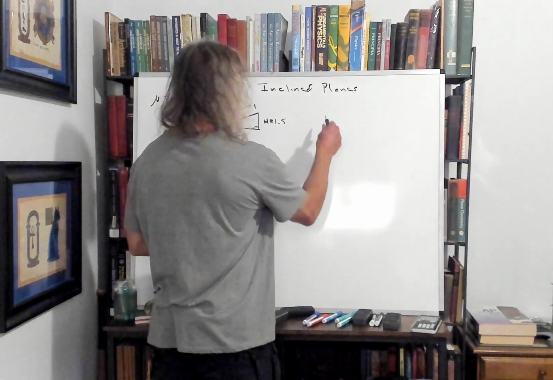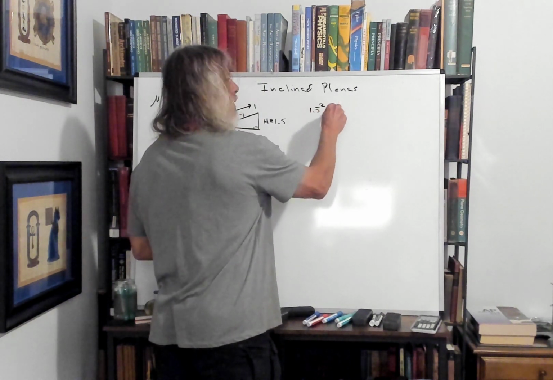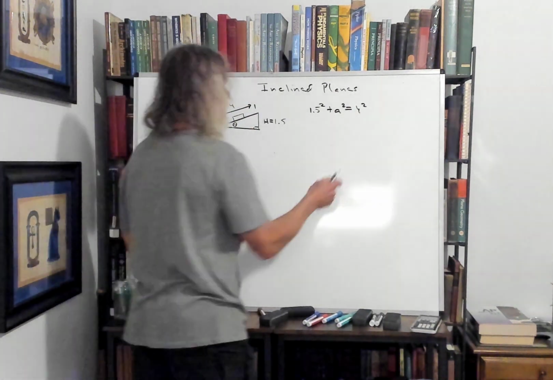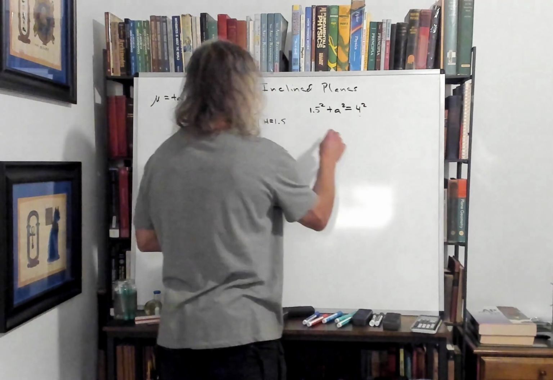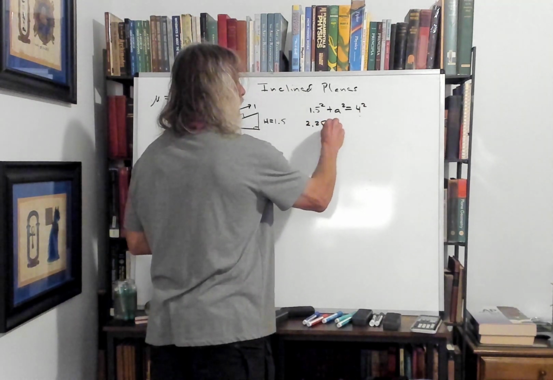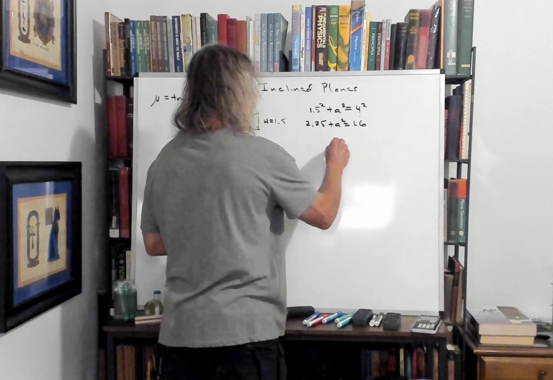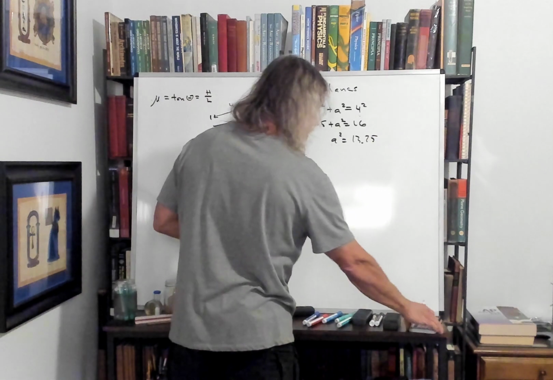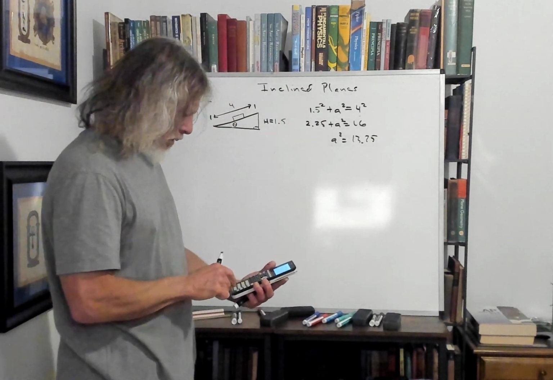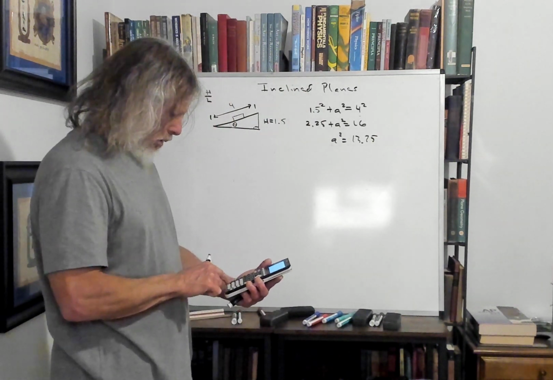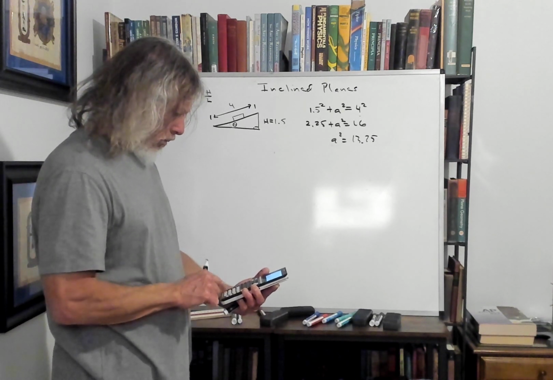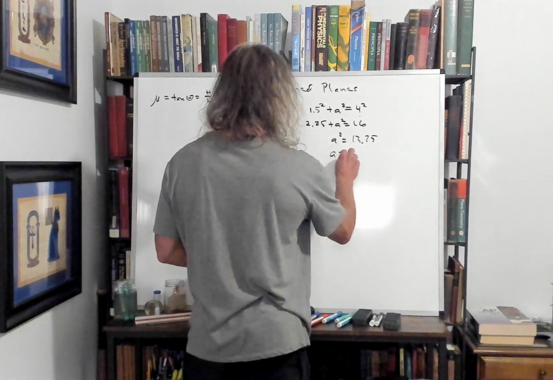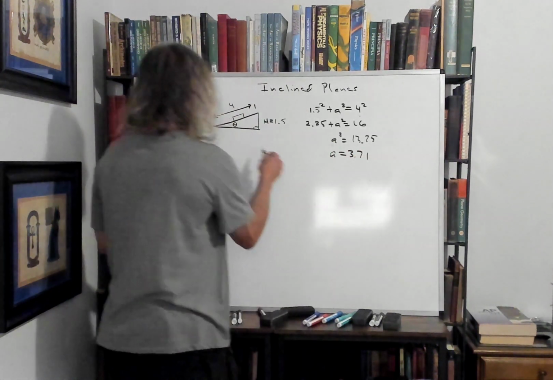So 1.5 squared plus a squared is 4 squared. Pythagorean theorem. 2.25 plus a squared is 16. A squared is 13.75. Square root of 13.75 is 3.71.